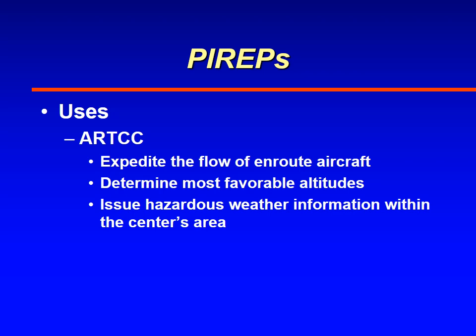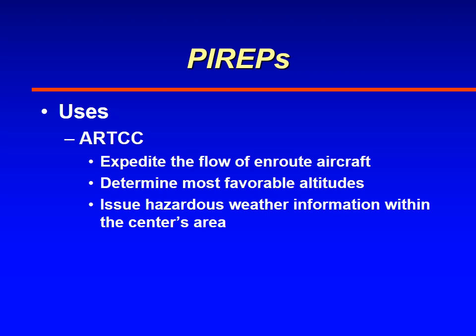So you tell them right away what the turbulence is, because a lot of pilots are looking for a smooth ride for their passengers and their company flights. So it helps to pass along that information to avoid turbulence. Also, looking for the best altitudes for a ride, of course, a nice smooth ride.